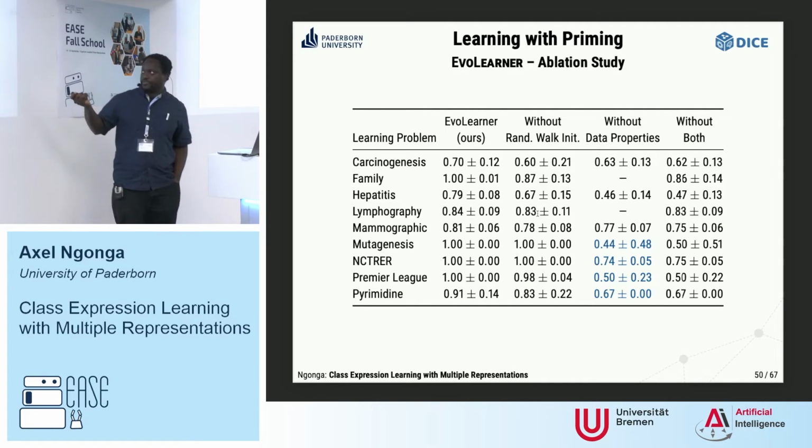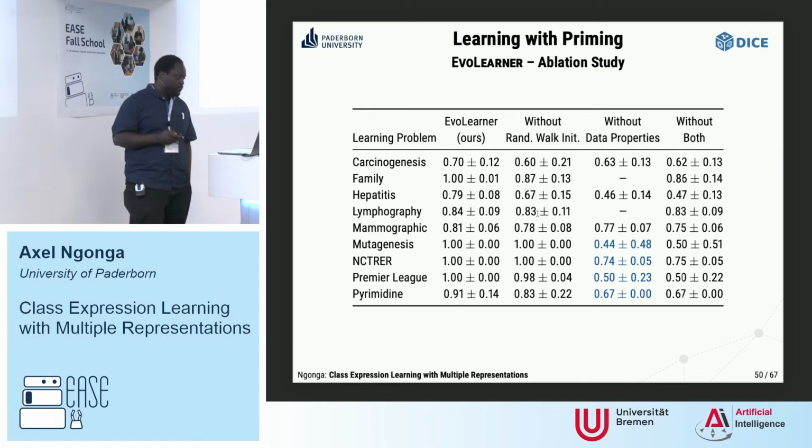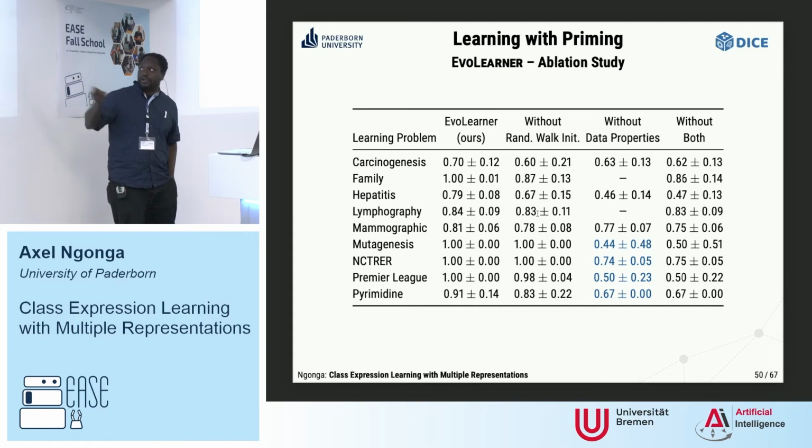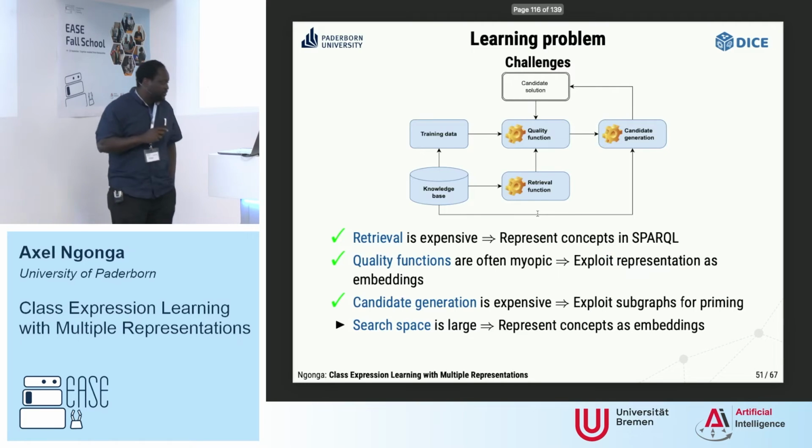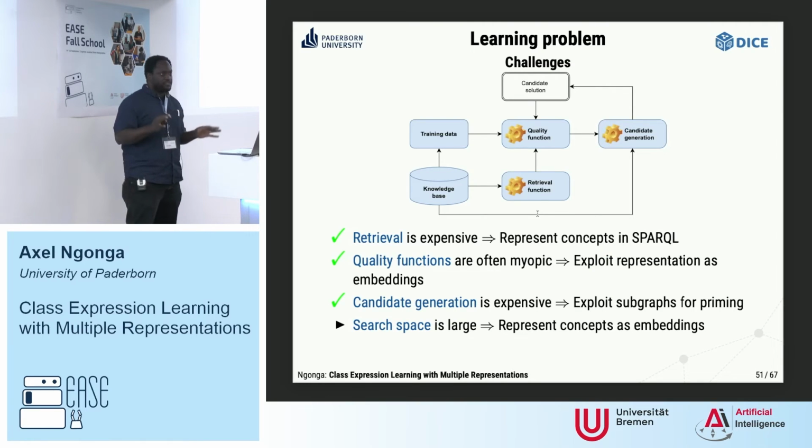So basically going from something like 0.44 to 1. There are a few use cases, though, where that actually leads to smaller F measures, but that is rarely ever the case. Okay, so candidate generation is expensive.